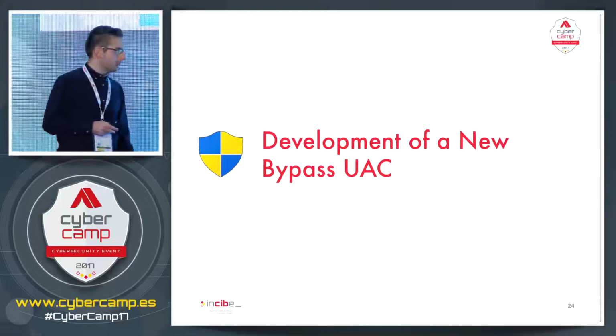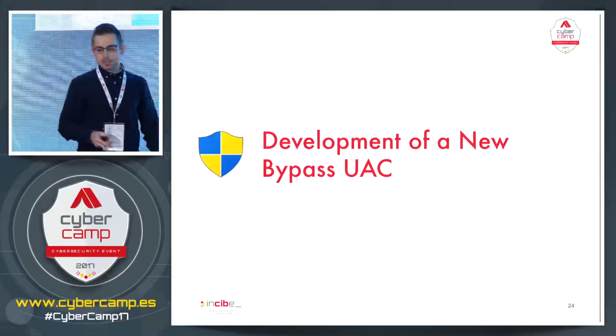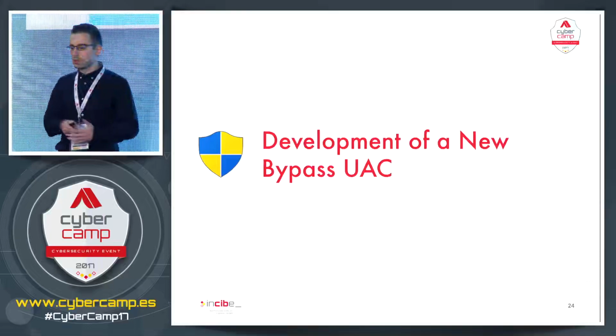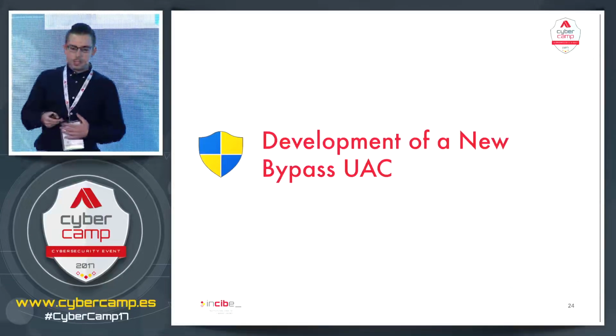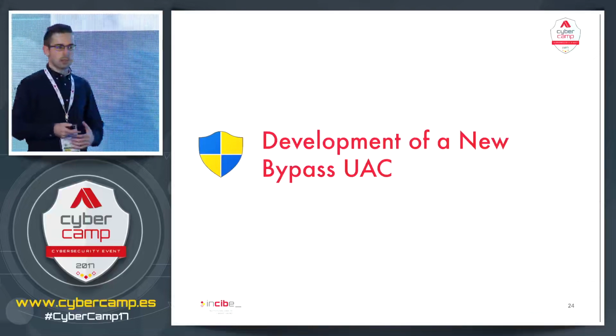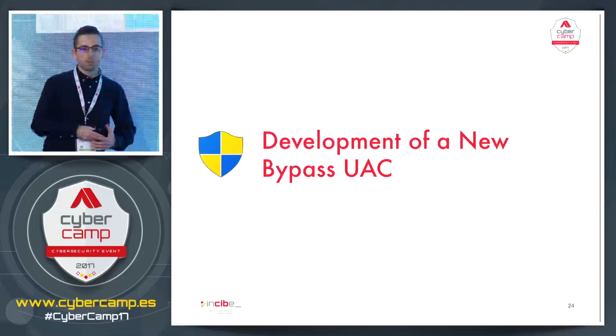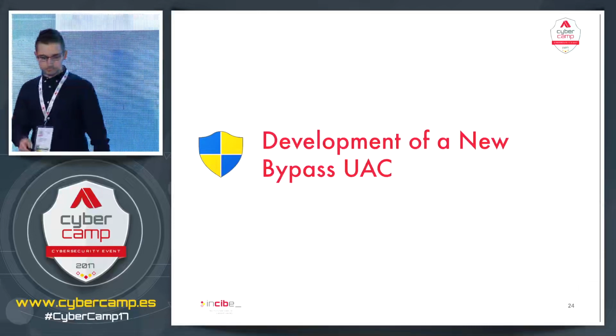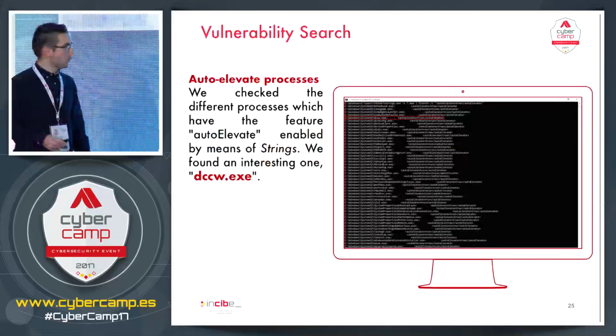Now, let's focus on the most interesting part for everybody here, which has to do with the development of a new method for bypassing the user account control. I based it on the deferred operation method, but then I applied it to new elements, as I'm going to show you right now.